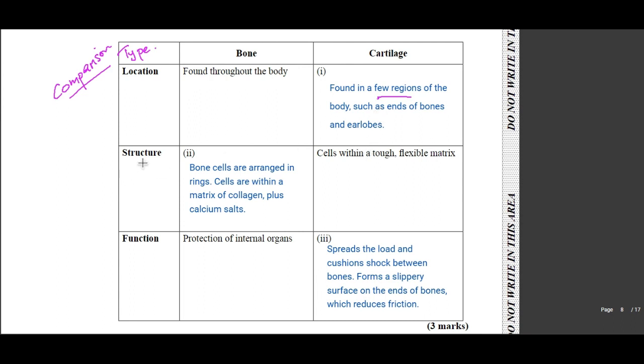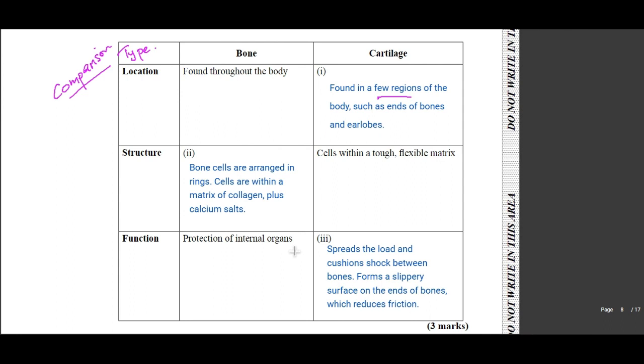Then we have structure. So in this case, we are given the information for cartilage, and we're being told, okay, cells are within a tough, flexible matrix. And then for bones, we have bone cells are arranged in rings.